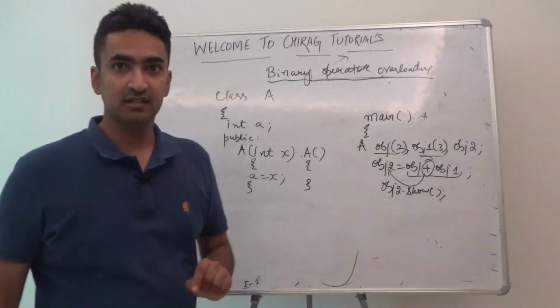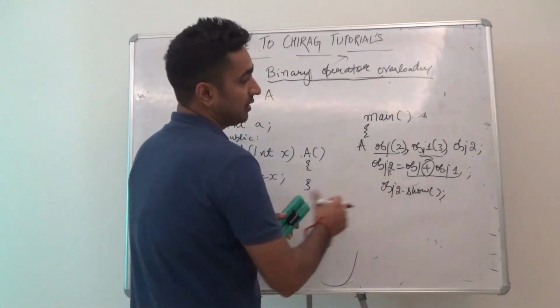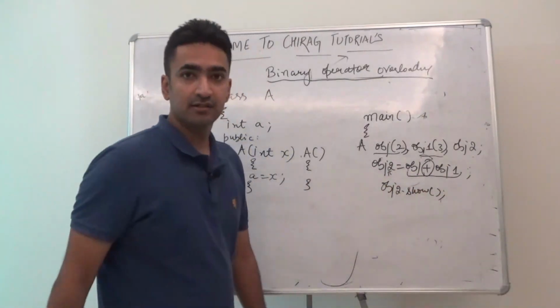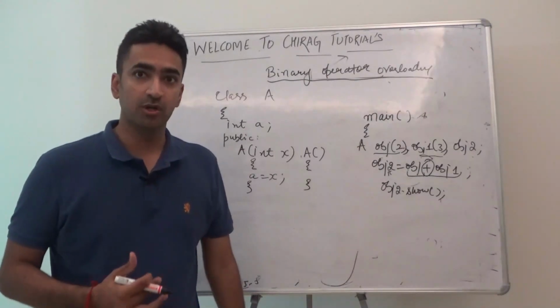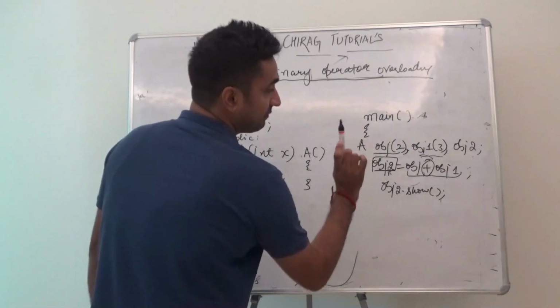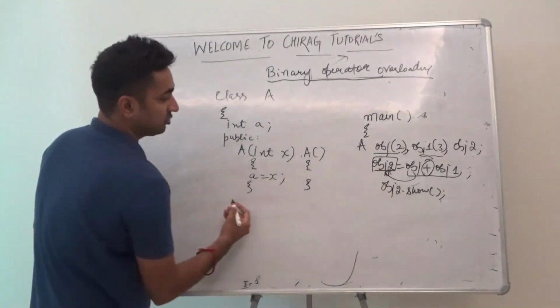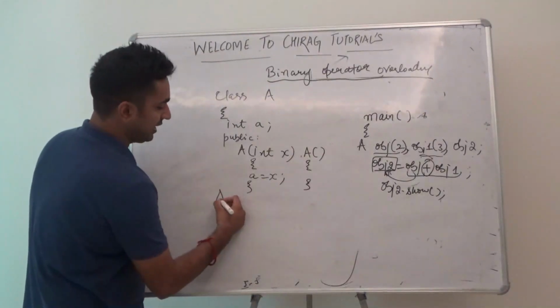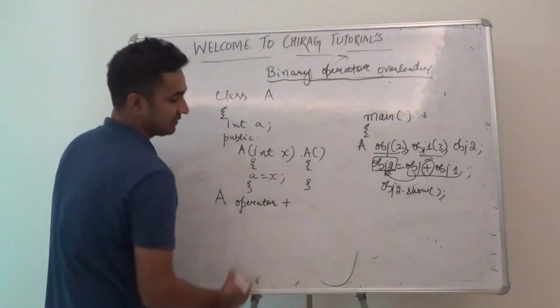So let's understand this concept very carefully. Over here guys, obj and obj1 are there. So in the operator function, firstly the answer is returned to obj2. It means the data type of operator function should be a class name. So I'm writing A operator plus.